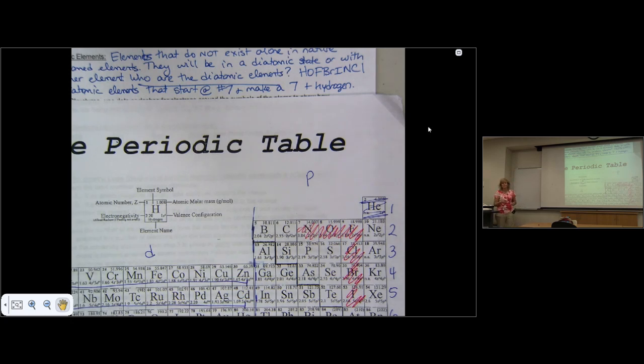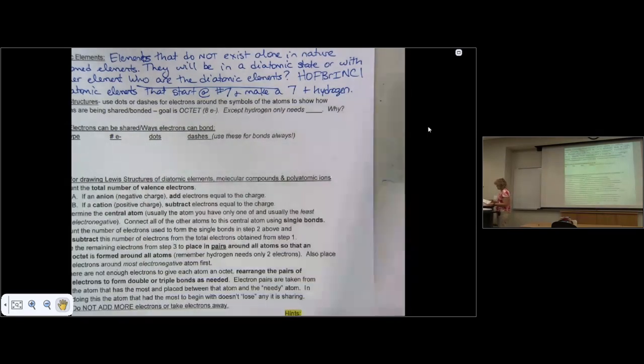Remember Hofbrinkel. And the good thing is you actually already knew all this before you came to class today, because many of you are wanting to be nurses. And so you have studied a little bit about nursing, or at least you've seen a TV show or been to the hospital or the doctor's office, and they said the person is not breathing well, give them some oxygen.